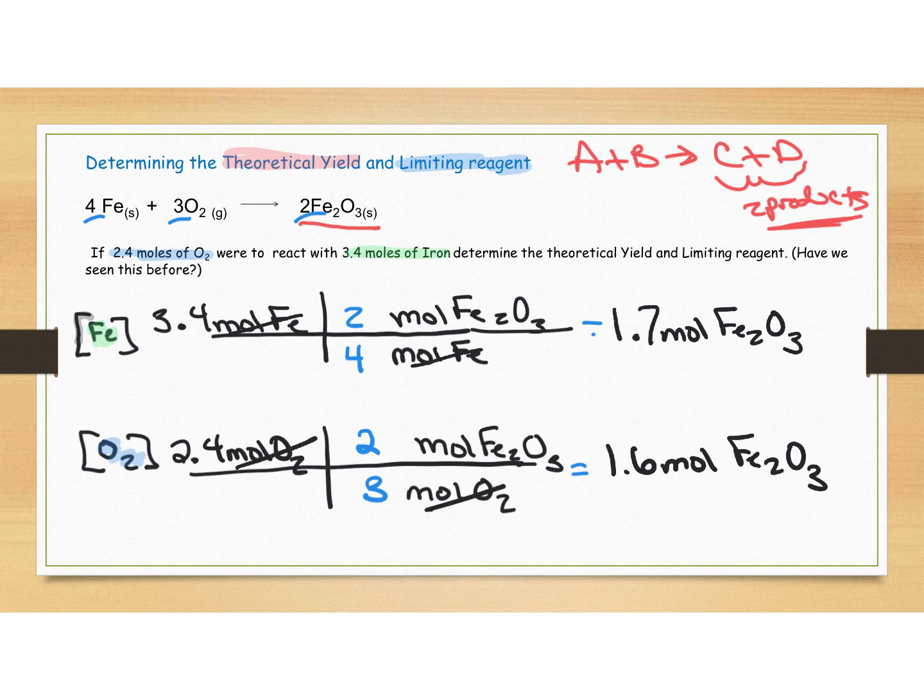In this problem statement, we did all this mathematics because they want to know which one is the theoretical yield and which one is the limiting reagent. As we talked about in the previous slide, when you're doing your math problem, you will find the theoretical yield on the right-hand side of the equation.